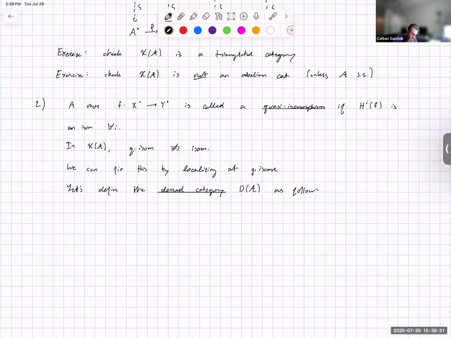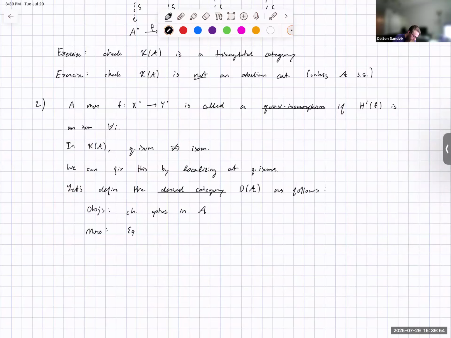The objects again are not changing. The objects here are just chain complexes in A. But the morphisms very much change. We want to think of this as being like a fraction, and the things we allow in the denominator of the fraction are going to be quasi-isomorphisms.